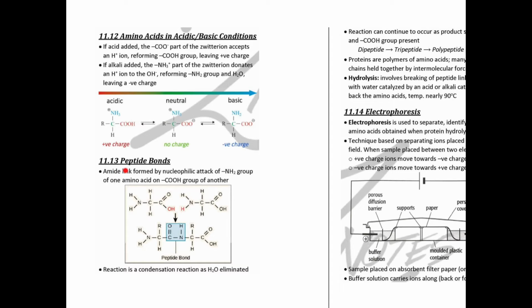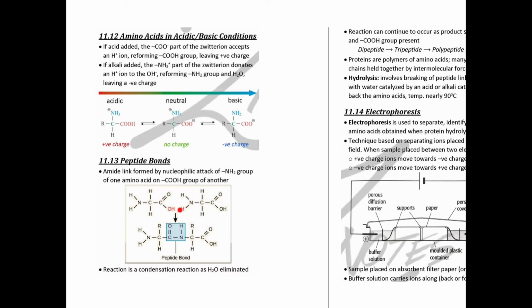So the amide link is formed by nucleophilic attack of the NH2 group of one amino acid on the COOH group of another. So this is where it happens. This is one amino acid, the NH2, which is basic, reacting with the COOH of another amino acid, which is acidic.